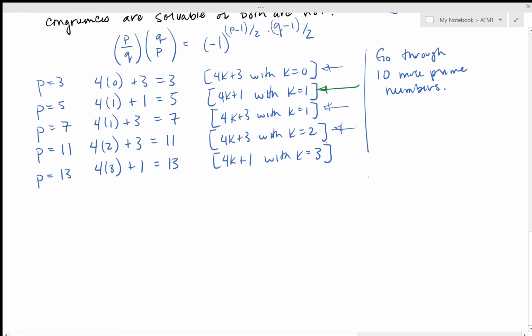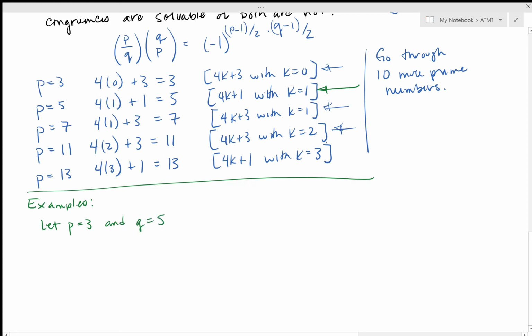Okay, let's take a look at some examples. Let P equal 3 and Q equal 5. Okay, so we're now thinking about two congruences.